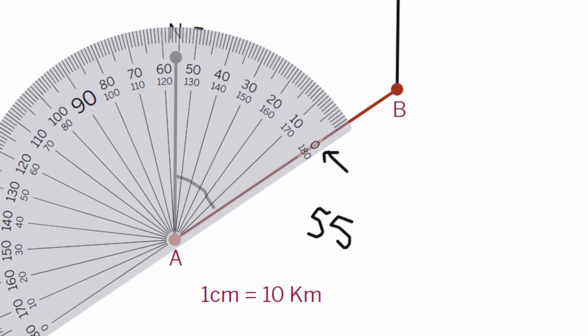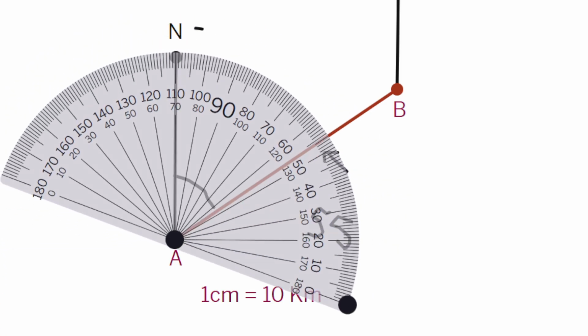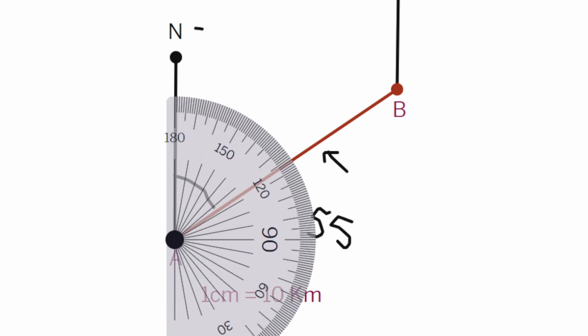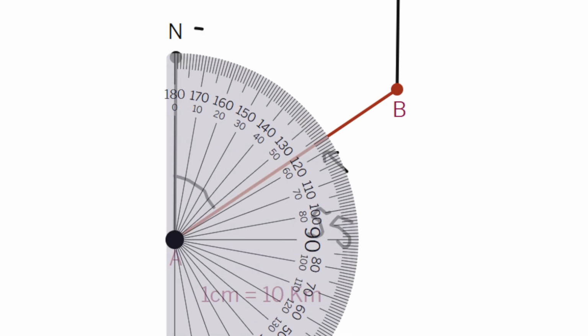Now, some students don't even know how to do this. If you want to do it with the north, it's alright. You can move it like that and make the other 0 stay on the north. So now the 0 is inside. Have you noticed? So we look at the inside numbers and read it. So 0, 10, 20, 30, 40, 50, and then 55, 56, somewhere like that. So it's 56.